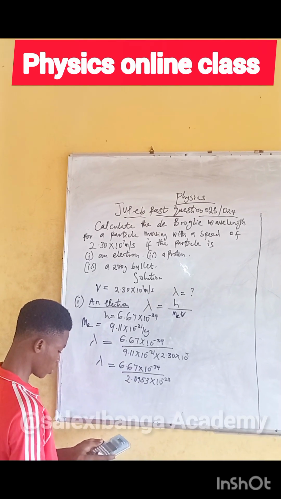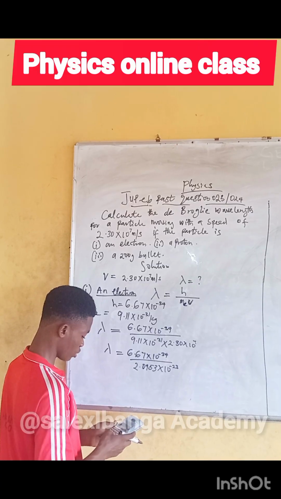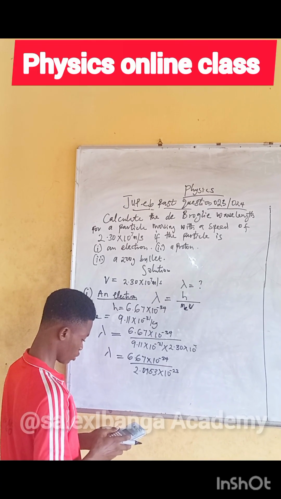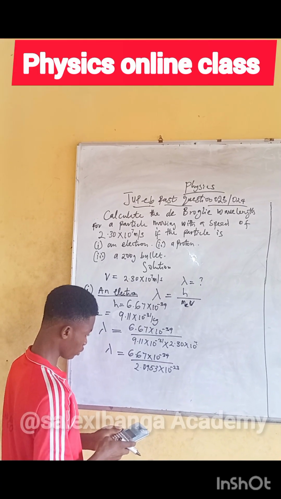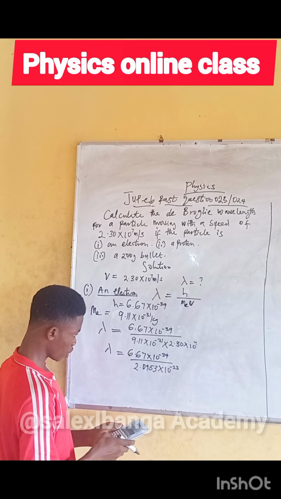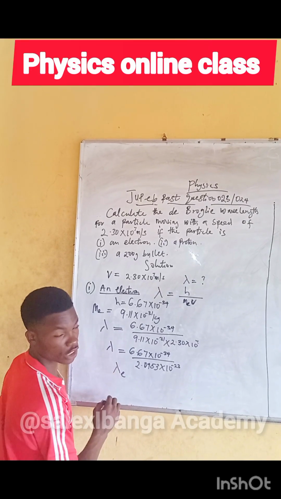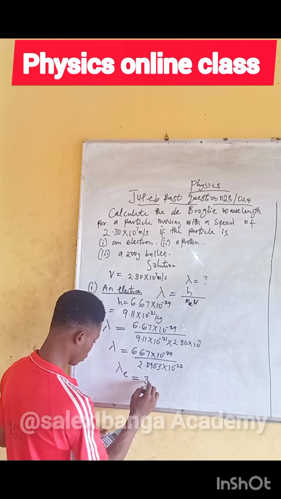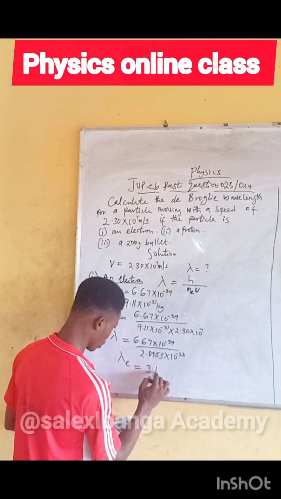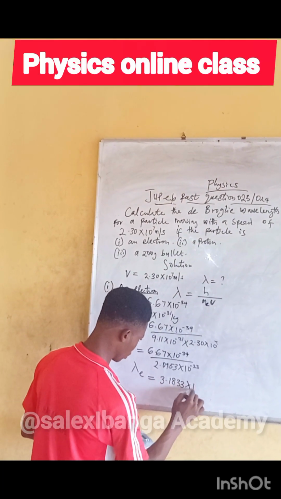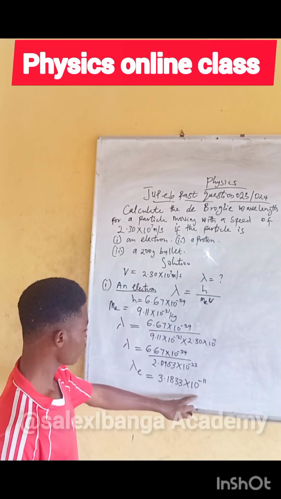So our answer is, for electrons, lambda is 3.1833 times 10 raised to the power minus 11. So this is our lambda. This is our final answer.